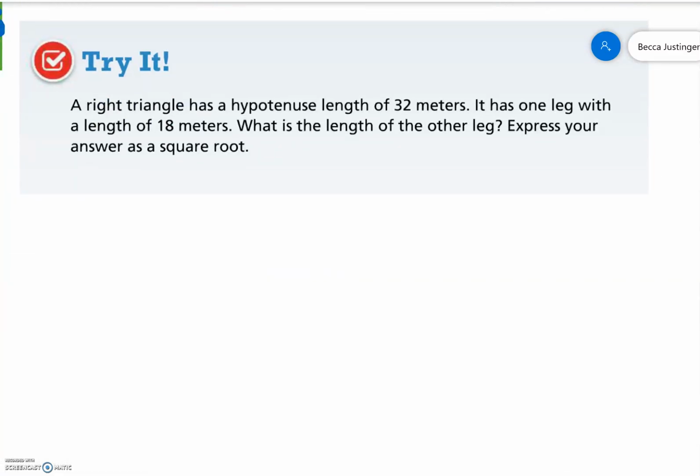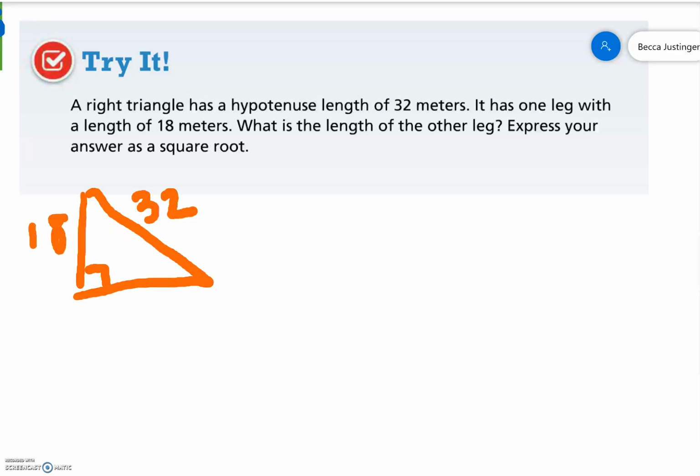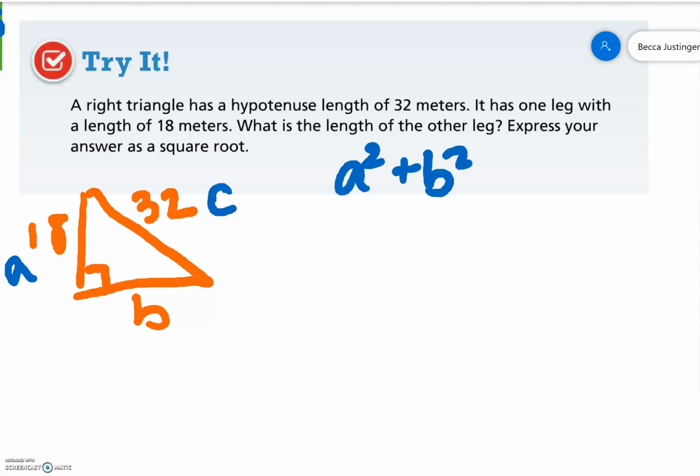Try it. A right triangle has a hypotenuse length of 32. It has one leg with a length of 18. What is the length of the other leg? So we don't know b, we have c, we have a. So a squared plus b squared equals c squared, write the formula.